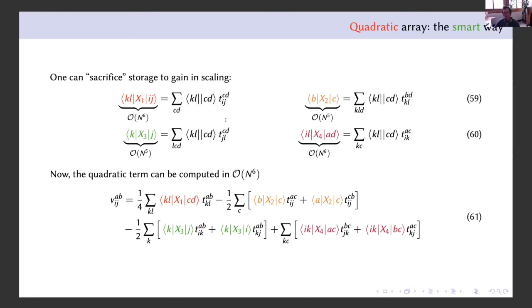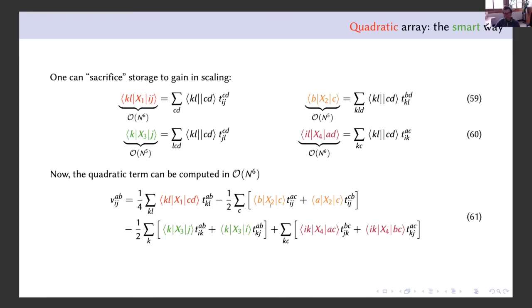Based on those arrays, you can rewrite the previous expression with those intermediate arrays. And here, magically, what you're going to show is that it only costs you n to the 6. Why? Because I need to compute all the elements i, j, a, b, and I need to sum over kl, or sum over c, or sum over kc.